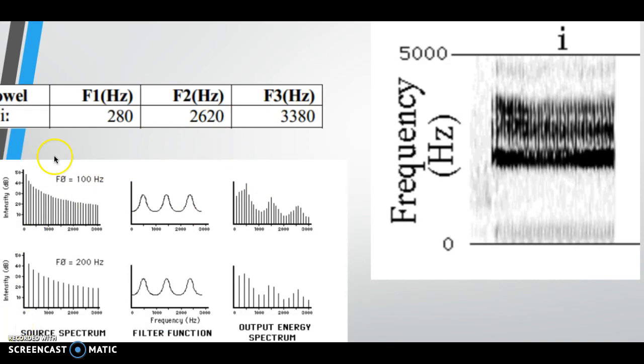And so I was going to go a little bit into these graphs here. This isn't the E exactly, but it's a good example, and then I will take the information and apply it to these graphs. So we know this is called the source function graph, which is just the glottal tone. It's before any of the filters.